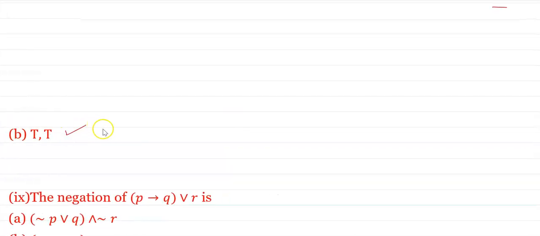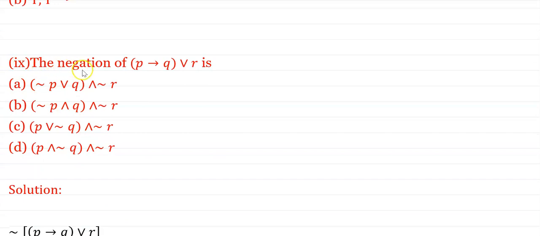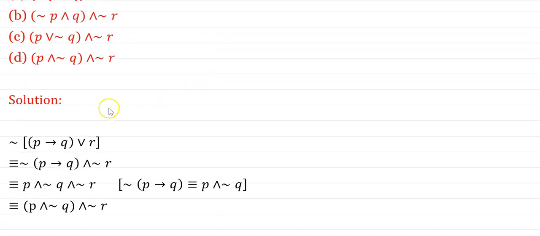Okay, now the next question. The negation of P implies Q or R is. What do we have to find out? The negation. Therefore, we write here negation of in bracket P implies Q or R. While applying the negation here, what happens to the or? It becomes and, negation of R. Again, negation of P implies Q. What is the negation of P implies Q?